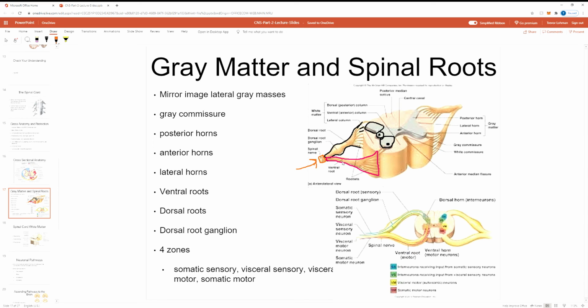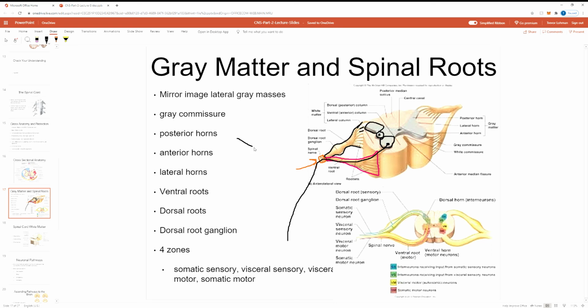So the ventral root carries the axons from the cell bodies that are located in the ventral horn. So the axons leave the ventral horn and they come out and they go somewhere to the body in the spinal nerve. Okay, so ventral root is motor. If I cut the ventral root, I'd be paralyzed in whatever myotome, whatever muscles this root innervates.